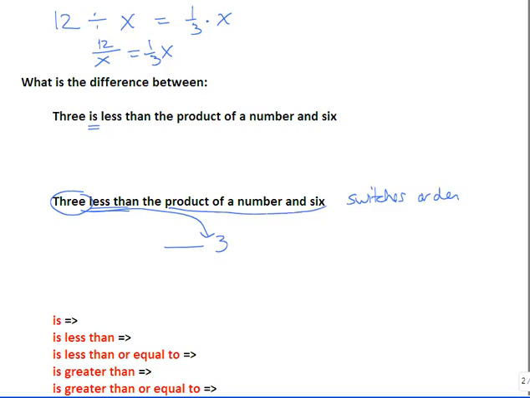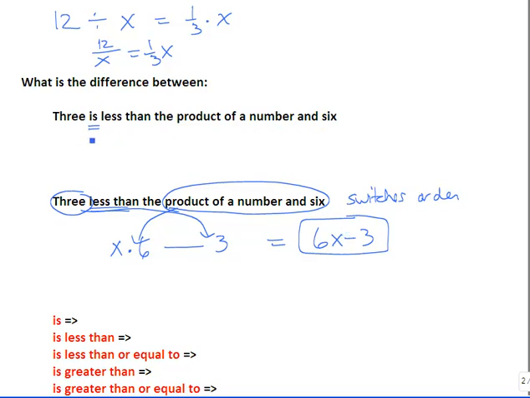And the product of a number and 6 came second, so it's going to come first in front of that subtraction. Product means multiply. A number would be x. 6 is 6. And when we clean this up, it became 6x minus 3. So this answer is 6x minus 3. "Less than" became subtraction.